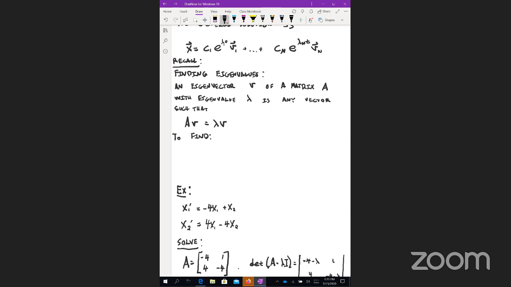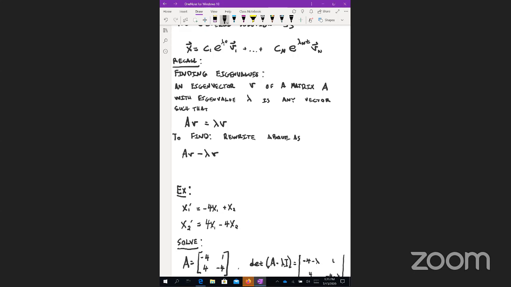Well, if we want this equation to hold, we can write the above as A times v minus lambda times v.